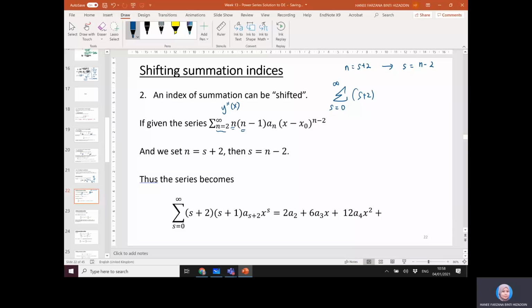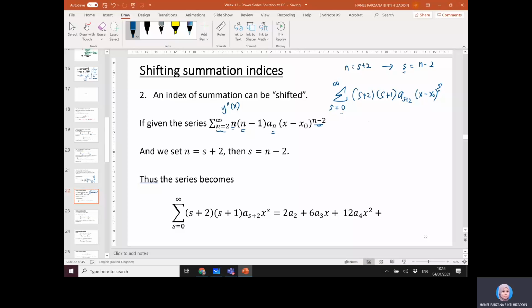And then here your n is still s plus 2, so s plus 2 minus 1 is s plus 1 now. And then your a sub n, n here is still s plus 2. And then x minus x naught to the n minus 2 is just s. So now you have shifted the index of your series to starting from 0, and your index is now just s, no longer n minus 2.